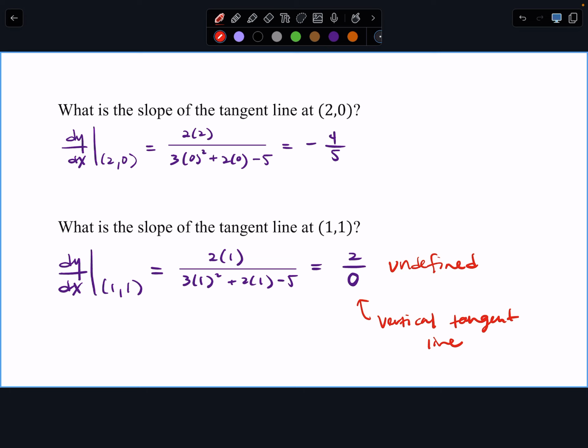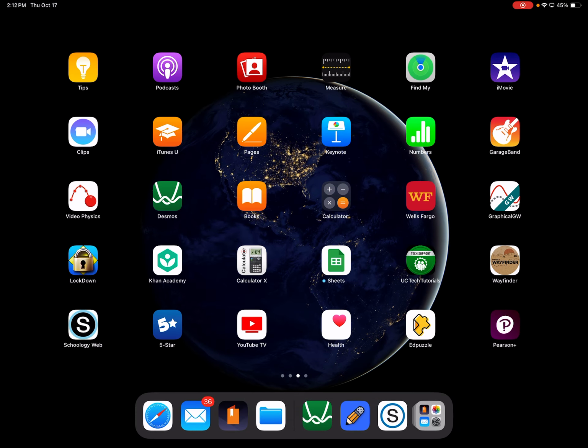And you guys, it's in the way that dy over dx is undefined that we know there's a vertical tangent line there. If it was 0 over 0, indeterminate form, we would say this is a sharp corner, a cusp.